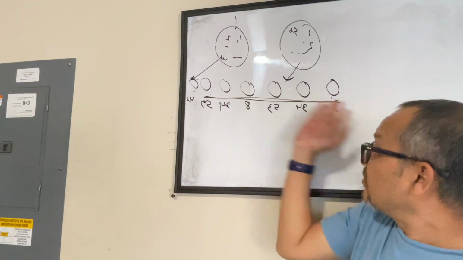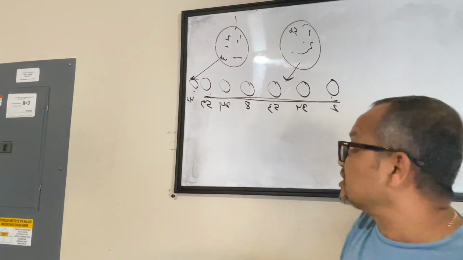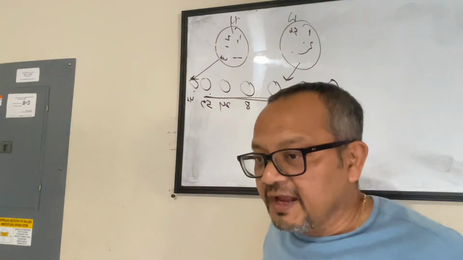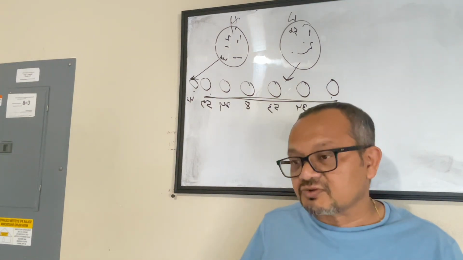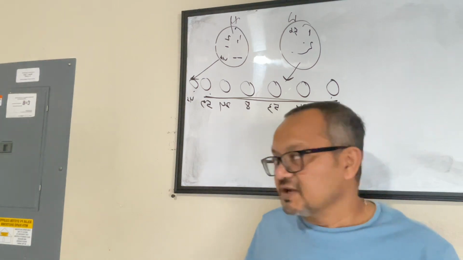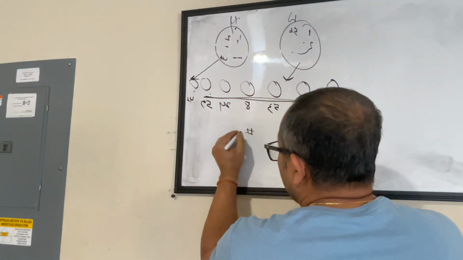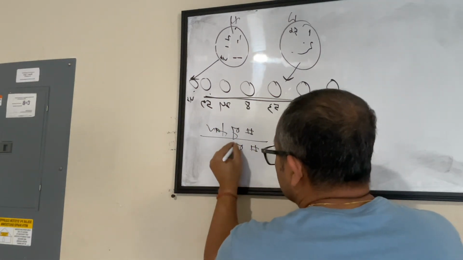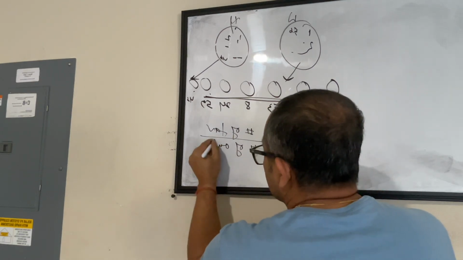The first 6 they pick from the white jar, and the 7th one from the yellow jar. Can somebody tell me the total number of possible outcomes? Like I said, probability will always be the number of favorable events divided by the total number of outcomes.